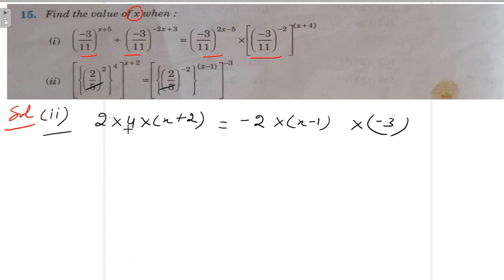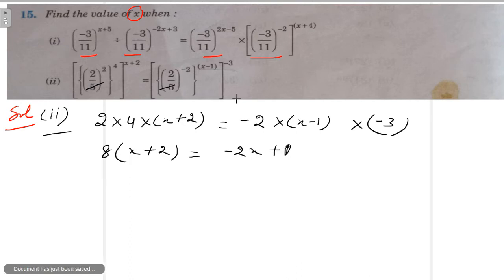So 2 4s are 8, so this has become 8 into x plus 2, so this has become minus 2x plus 1, no sorry, I am going to write it as 2 plus 2, so this is going to multiply with this.